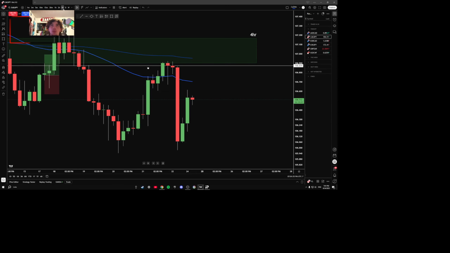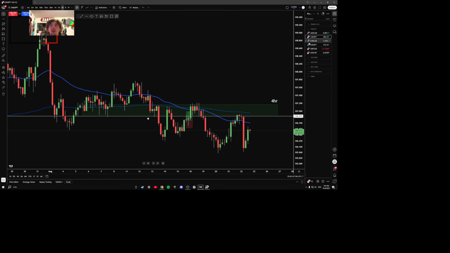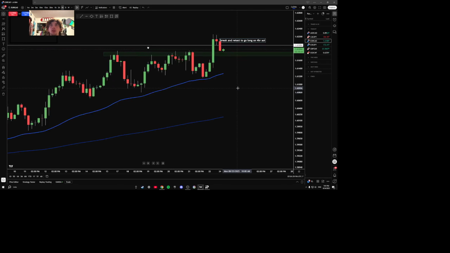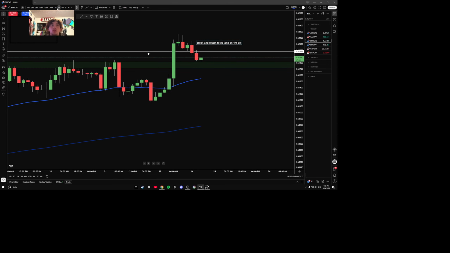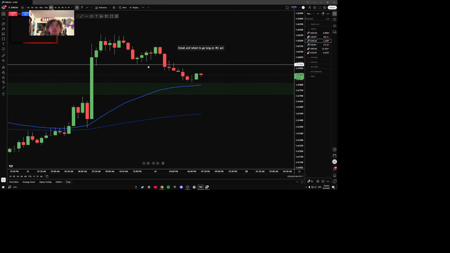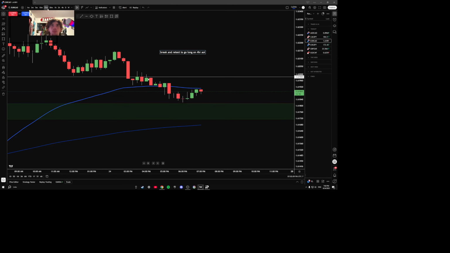CAD JPY. 4-hour area of interest. Waiting on that. 4-hour break and retest to go long. What is that alarm? It's right there for the shift to structure.